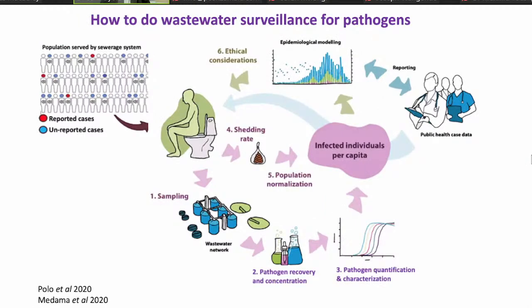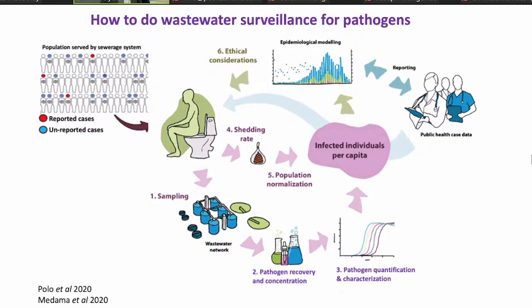So I would just take you briefly through the processes that are involved in processing sewage samples and also generating that data. Once one has identified a population that you are targeting, you will realize that within the population, you will have several individuals with various forms of infections.